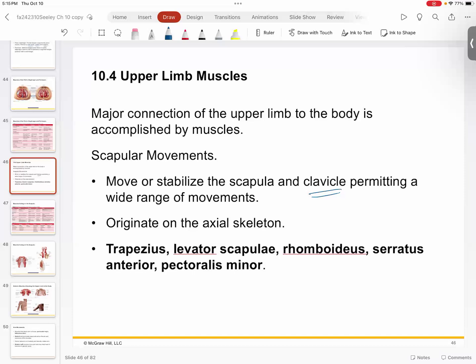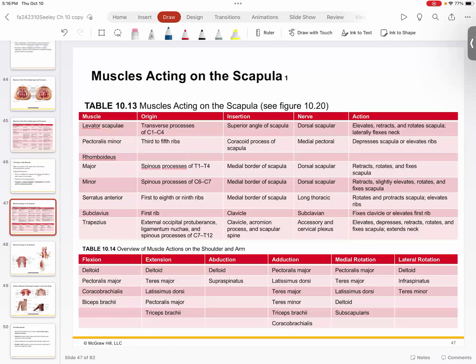So for instance, we're looking at things like the trapezius, the levator scapula, the rhomboideus, the serratus anterior, the pectoralis minor. A lot of you were looking at this the other day, and you noticed that a lot of them were originating on either the transverse processes of the cervical or on the spinous processes of the vertebra, either cervical or thoracic, depending on where you are.